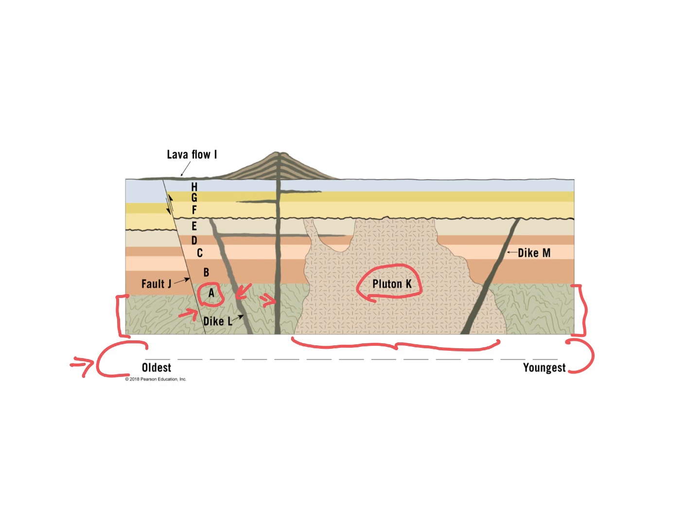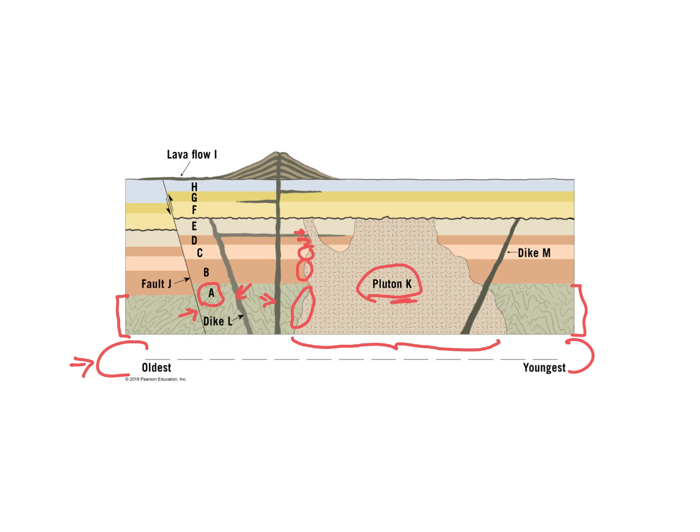If we look at K, the Pluton, first of all, it intersects with the green here, but it also appears to cut across layer B, layer C, D, E, and then it stops. It does not cut through layer F. So that tells us that K, the Pluton, must be younger than everything it cuts, so it has to be younger than layer E, the last layer it cuts through.